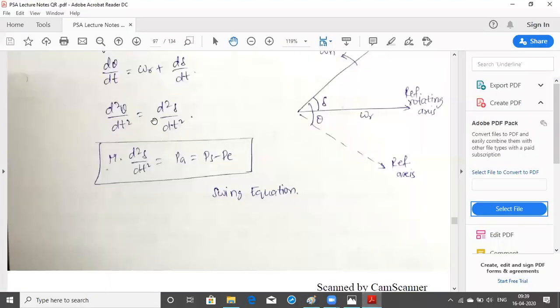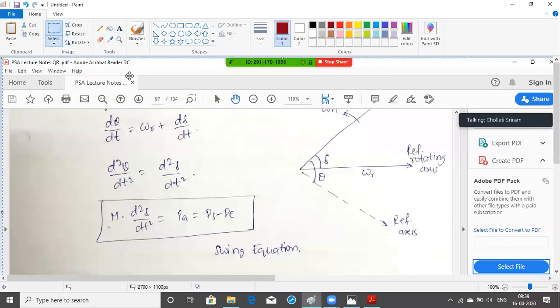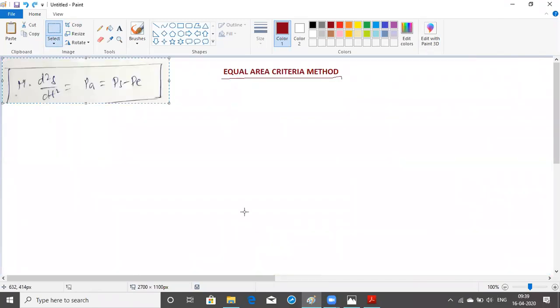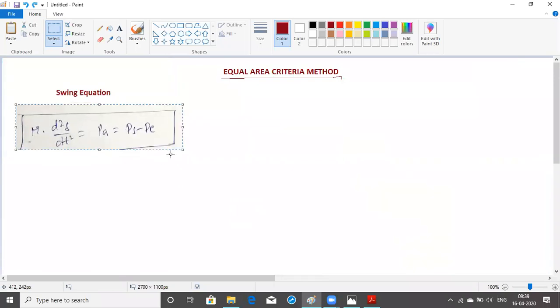See, this is the swing equation. If you see perfectly, M d squared delta by dt squared is equal to Pa, which is equal to Ps minus Pe. That is the swing equation, right?